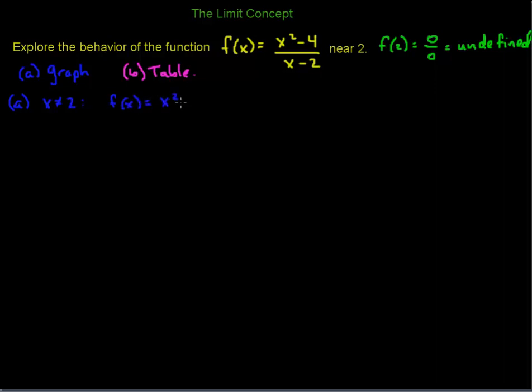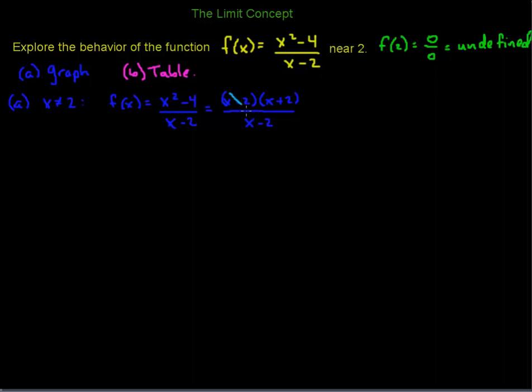You might have noticed that the numerator is the difference of two squares. If x is not equal to 2, then we're allowed to factor the numerator, x minus 2 times x plus 2, over the denominator x minus 2. And then we can cancel or simplify.